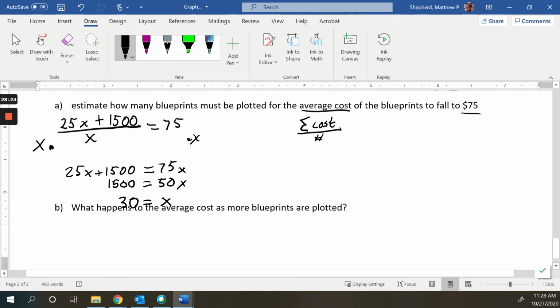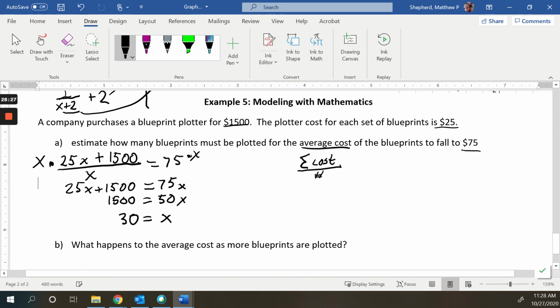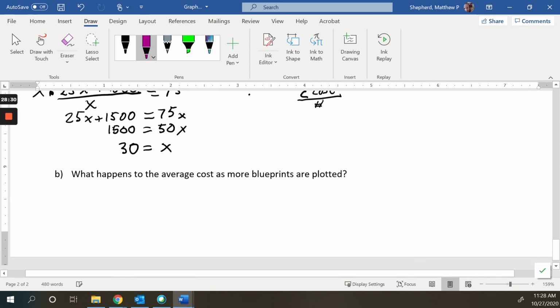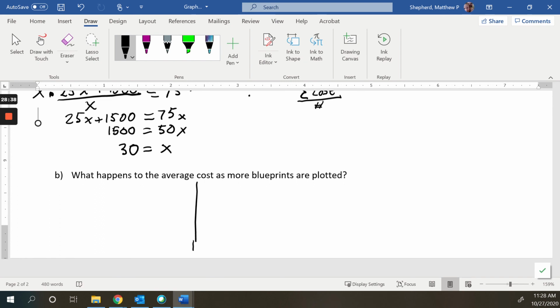This question down here, I want those to stay still. All right. So what happens to the average cost as more blueprints are plotted? Here's where I really want us to think about our graph.